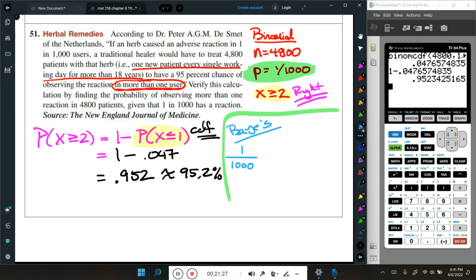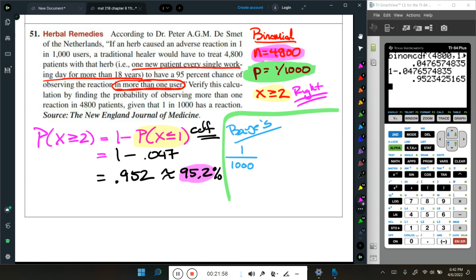Which is why the counterintuitiveness comes into play: it takes about 4,800 people being run through this experiment before you have a really high chance of actually seeing 2 or more adverse reactions. And there's a less than 5% chance that this won't happen.